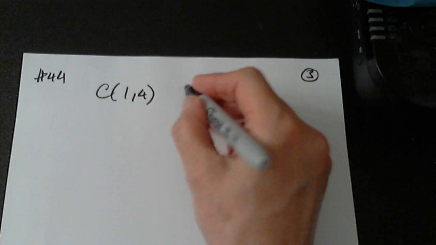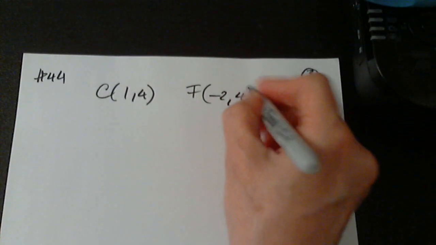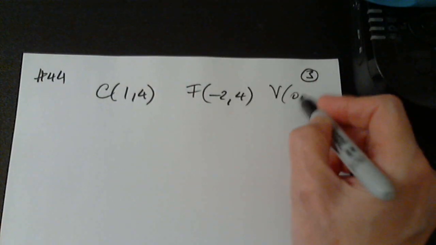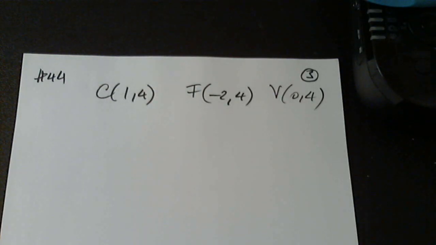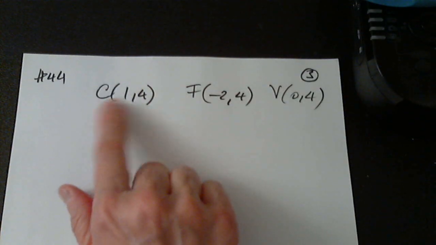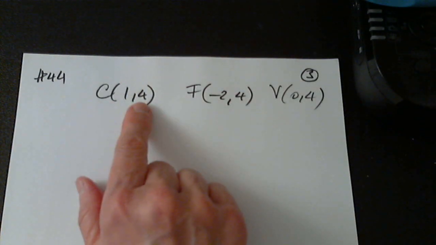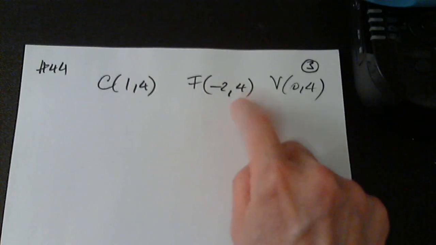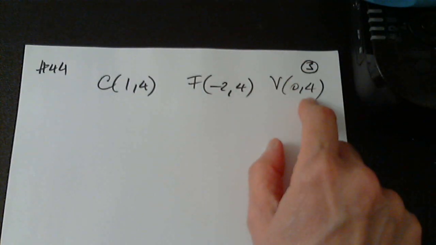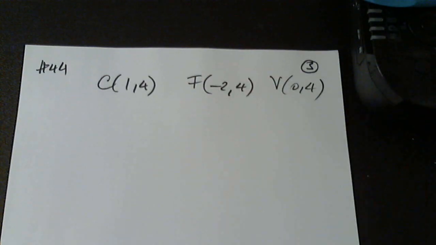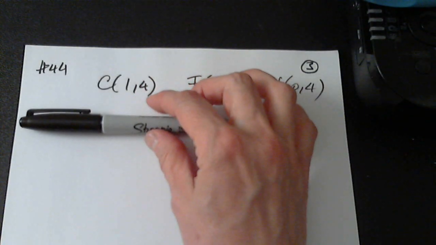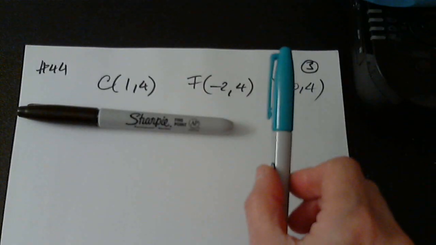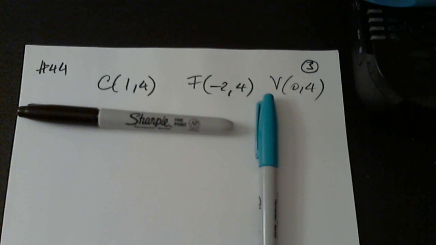It says the center is 1, 4. One focus is -2, 4, and the vertex at 0, 4. Because the center has y coordinate 4, the focus has y coordinate 4, and the vertex has y coordinate 4. What do you think? Will the hyperbola have a horizontal or vertical transverse axis?